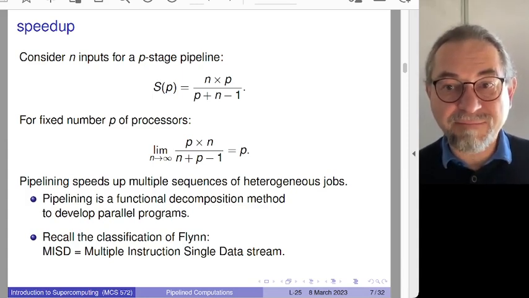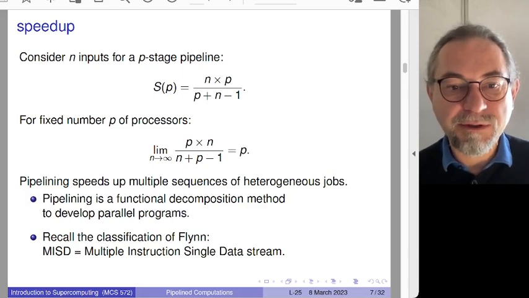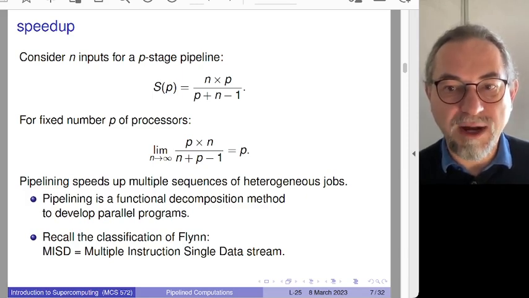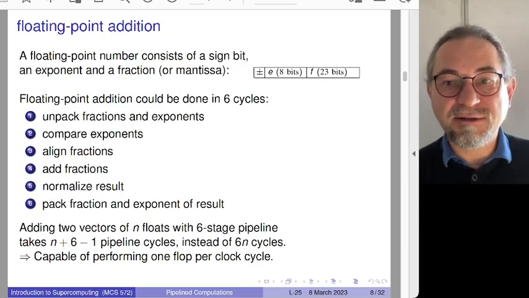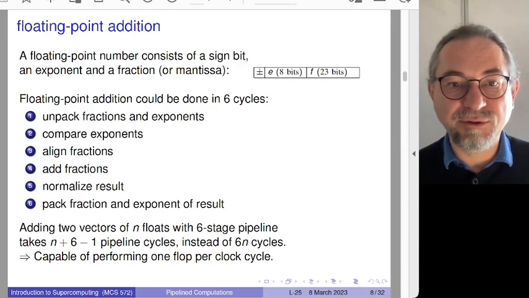But actually we have seen pipelines also over there when we considered the memory hierarchies. So pipelining is a very universal concept to make parallel programs. It's even applied when you're not really aware of it.